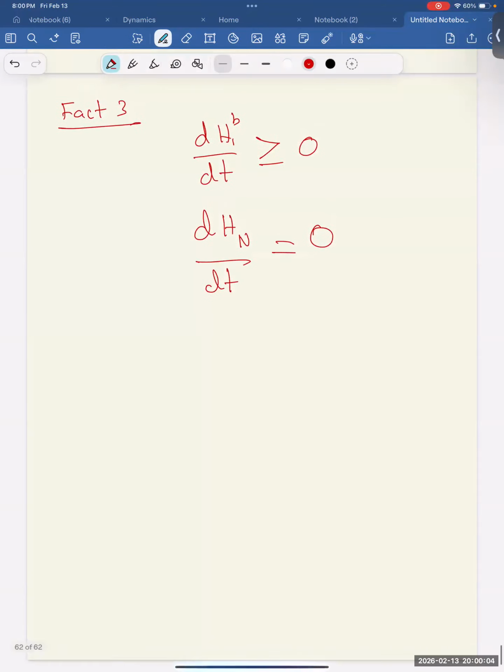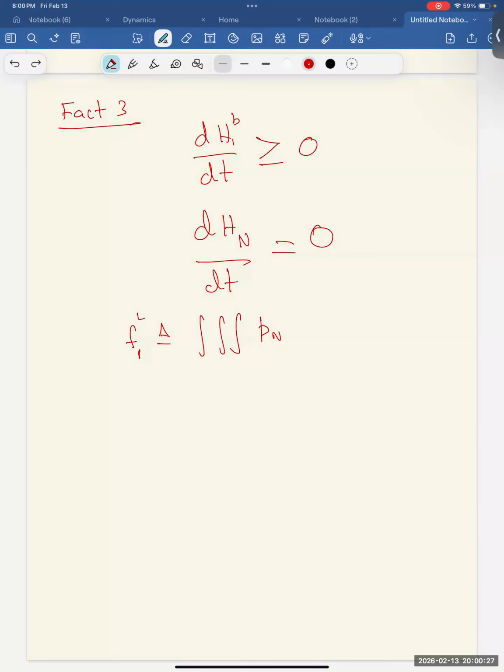So fact 3 is, again, if I define F1 Liouville as the marginalization of Pn, this is not entropy just yet.